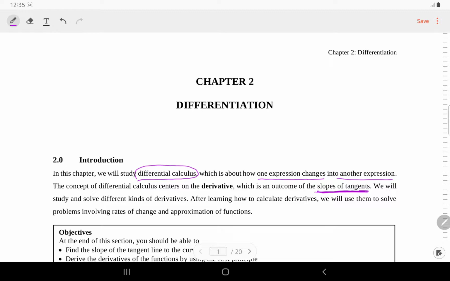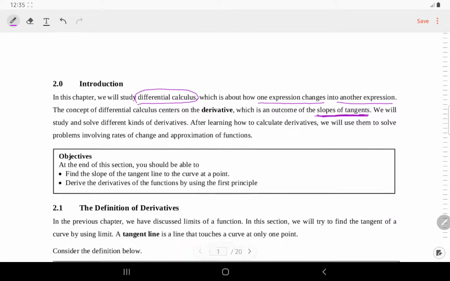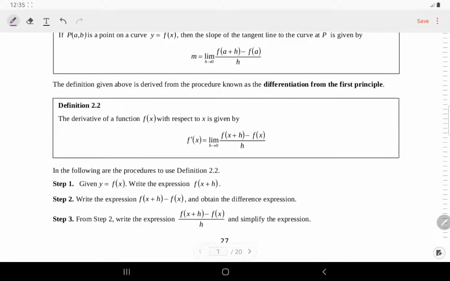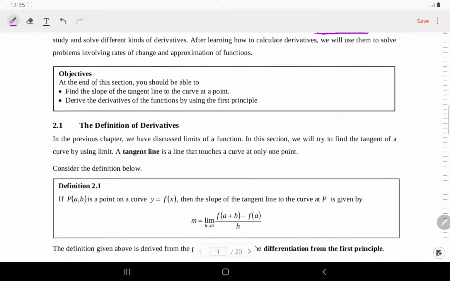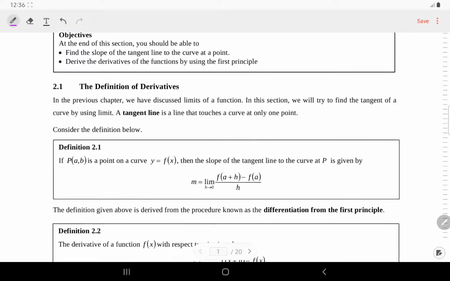So how is it related? I mean, what is the relationship between differentiation and the slope of tangent? We look at page 27, the definition of derivative.